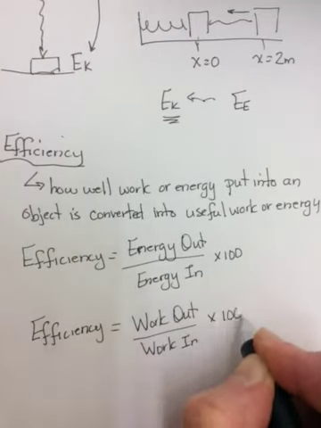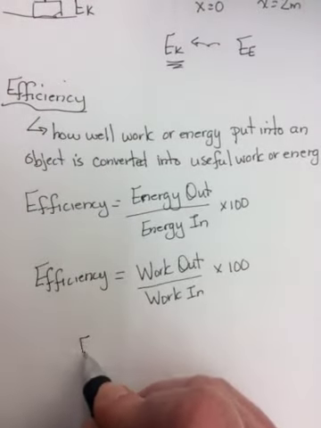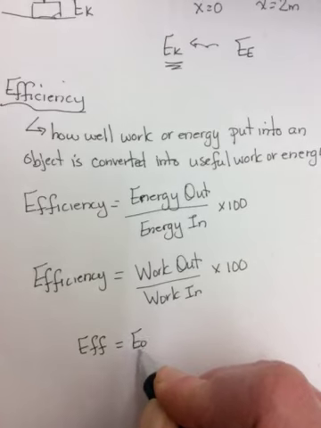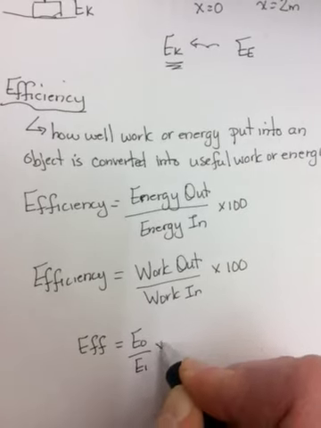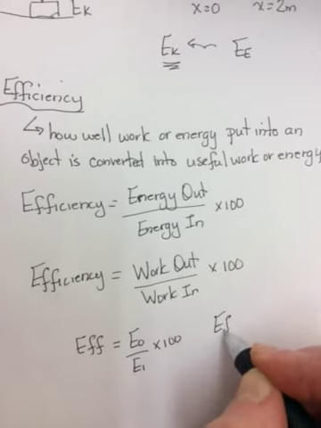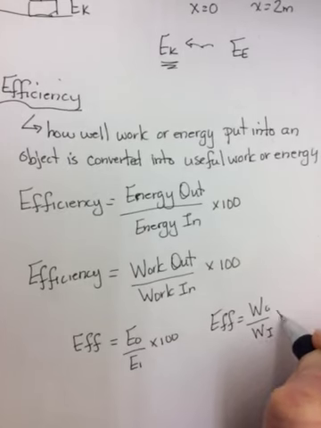When I say they're the same thing, remember work done is the change in energy. So the shorthand way would be EFF is equal to EO over EI times 100, or EFF is equal to WO over WI times 100.